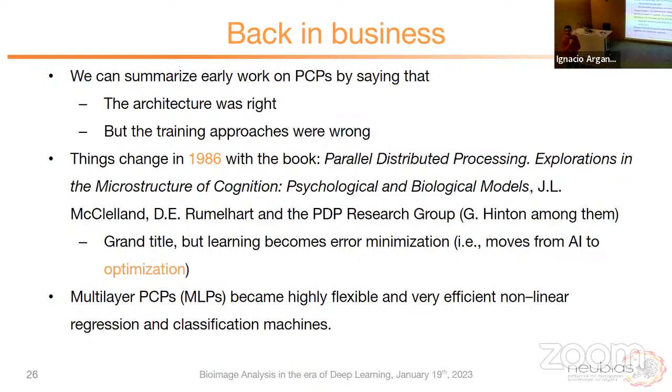And the big thing in this publication is that it moved artificial intelligence toward optimization. So basically, learning became an error minimization problem. They proposed an algorithm to train this model iteratively by optimizing a suitable error function. So these stacked perceptrons that we call multi-layer perceptrons were finally trainable.